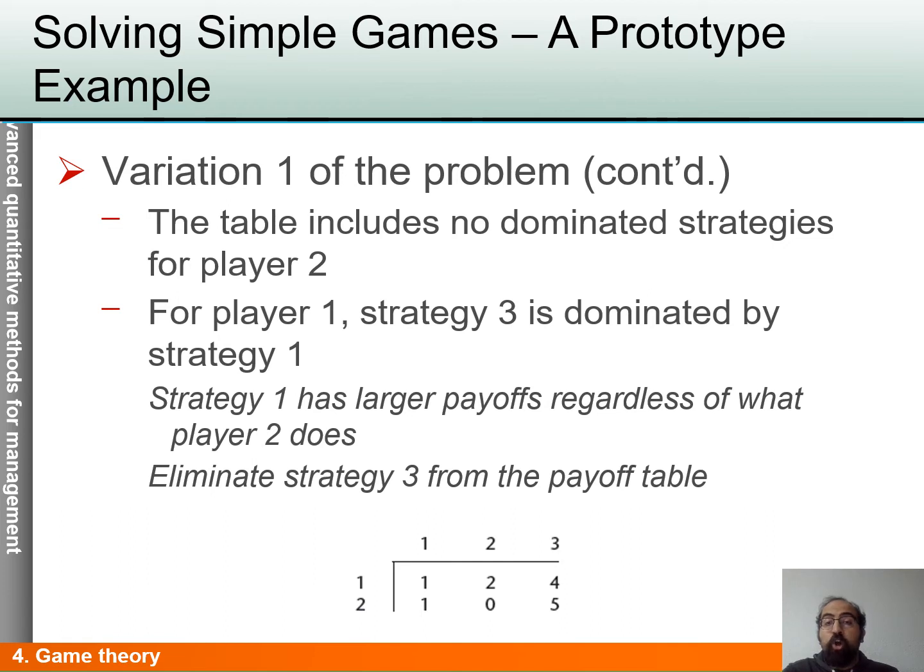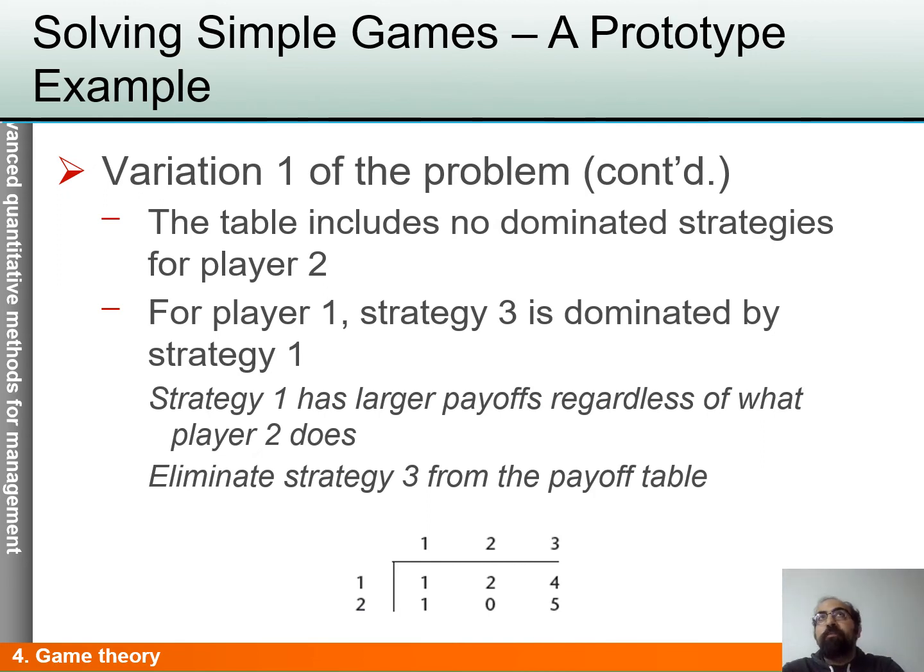Why? Because all the elements of strategy 1 were giving a better profit than strategy 3. For this reason, we can eliminate strategy 3, and the size of the table changes from 3 by 3 to 2 by 3. I repeat, when it says better than the other one, it means equal or more.